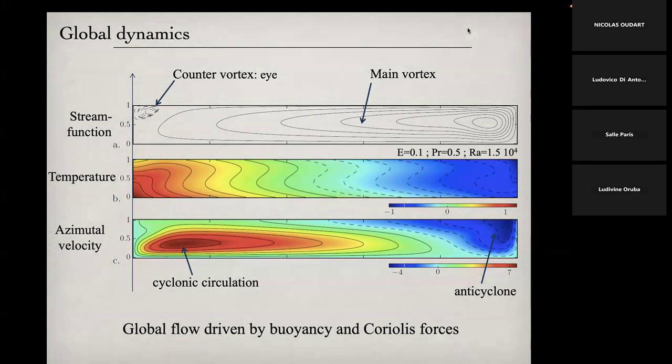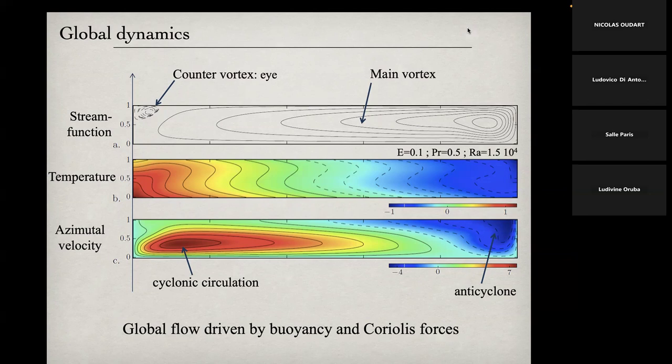You can see on the first picture that we have a main poloidal vortex, which is associated with warm temperature on the axis, which is compensated by cold temperature near the external edge. And you can notice that the streamlines near the axis are bent, and that there is a counter vortex, which corresponds to the eye.